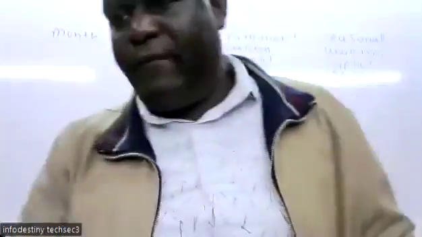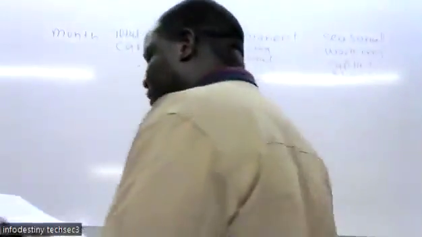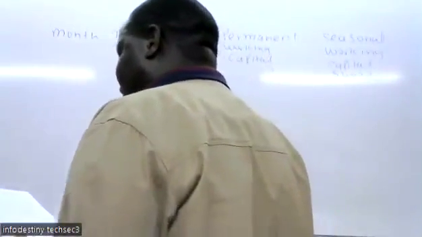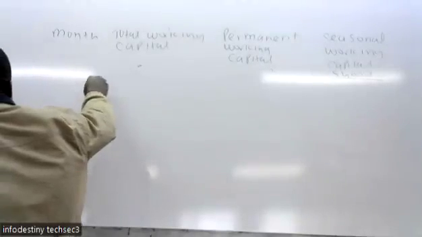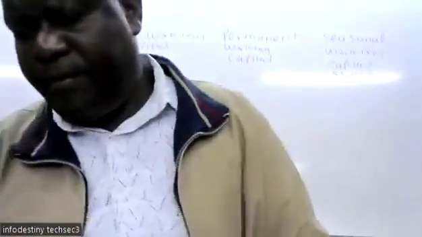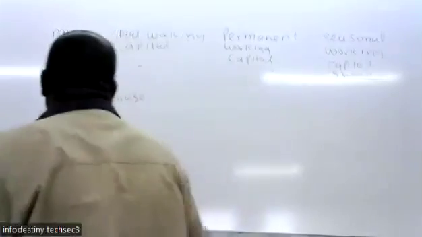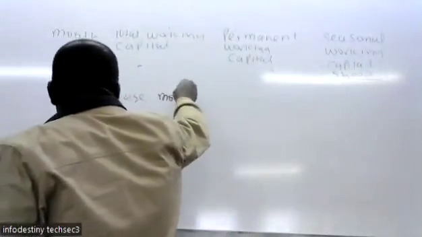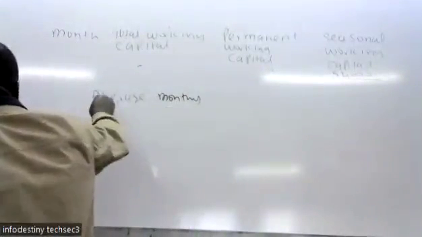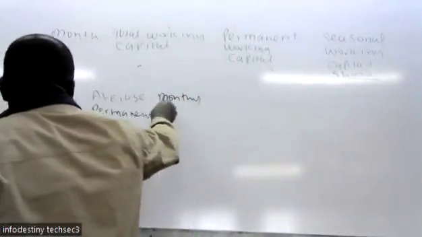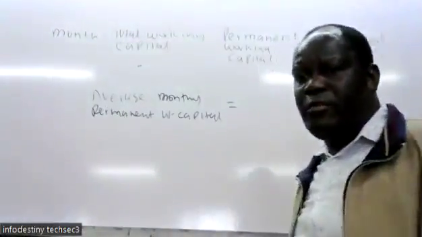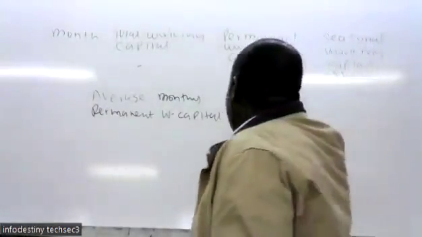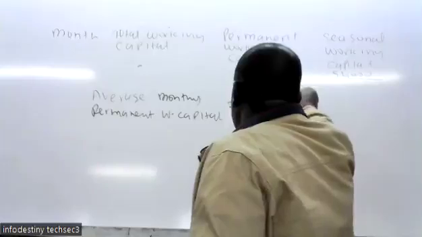So we start with average monthly permanent. To calculate the average monthly permanent working capital, you simply take that total, which is 420, divided by 12 months.